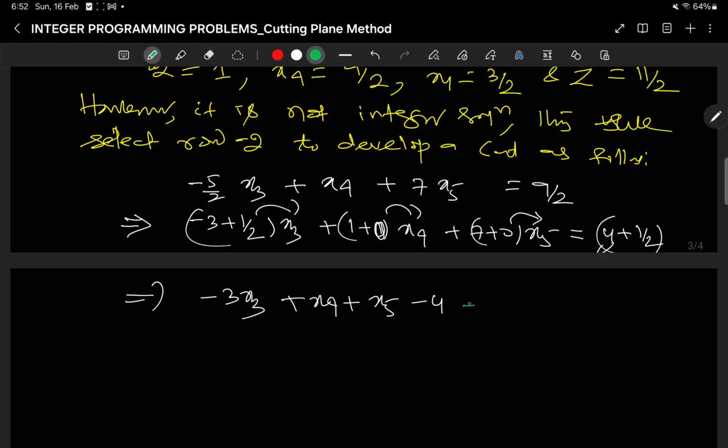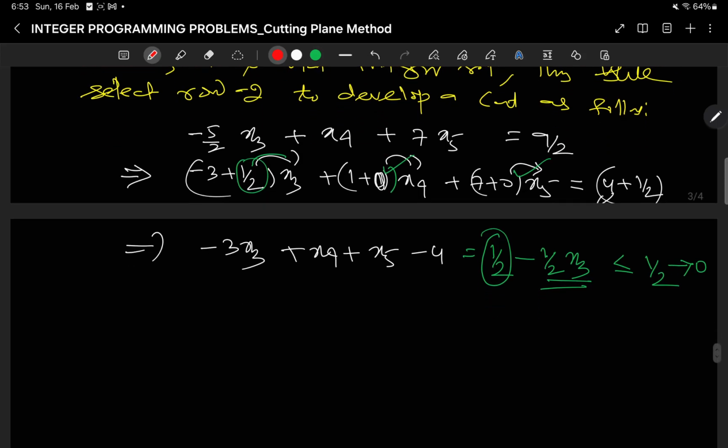So in the right hand side it is half minus something smaller than half, but the greatest integer is 0, because the left hand side is an integer.